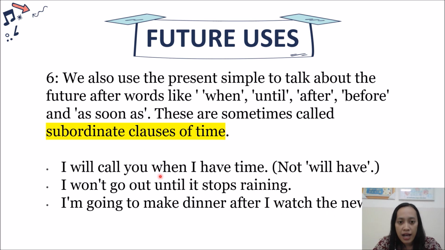The phrases I have time, until it stops raining, and after I watch the news are called subordinate clauses of time. And we are using the present simple here to explain the time in the future context. Although the sentence has the future context, we may use the present simple in the sentence as the subordinate clauses of time.